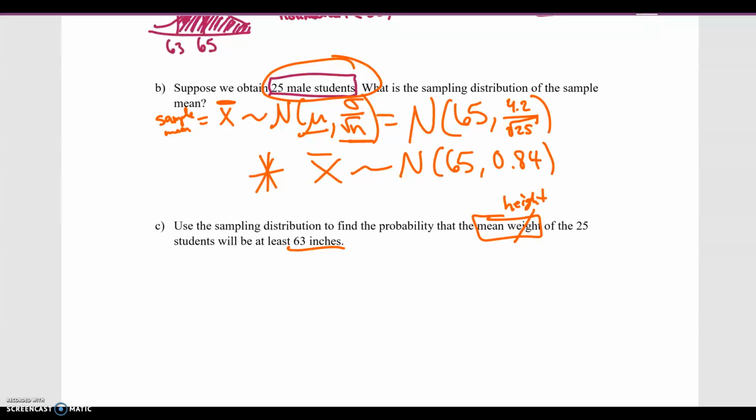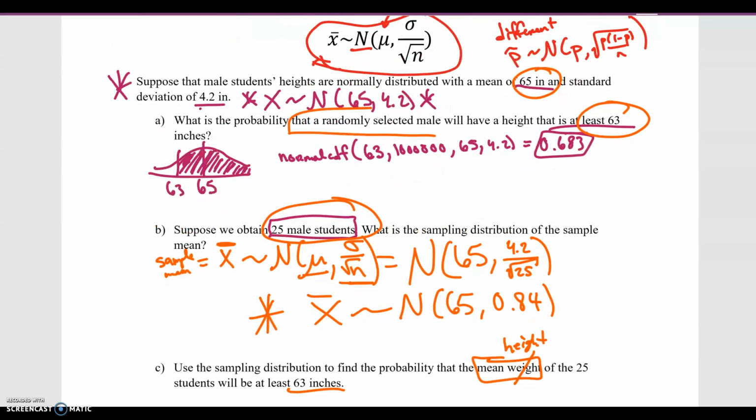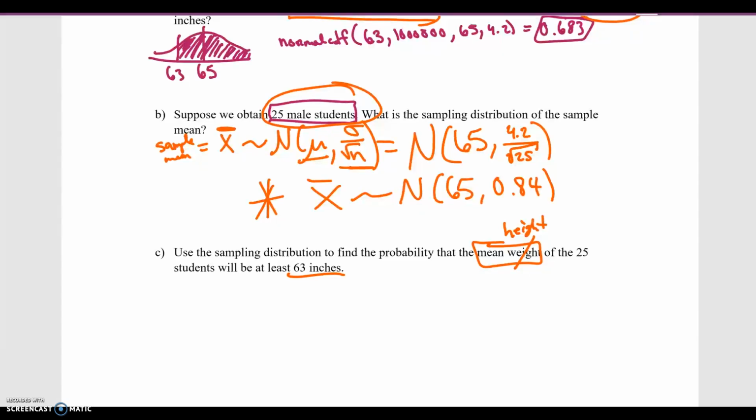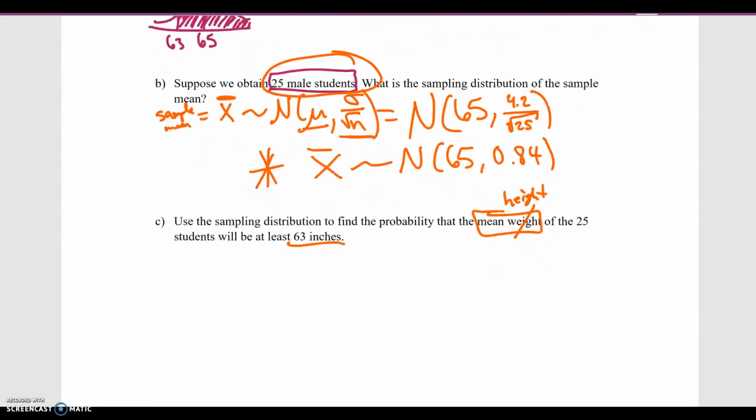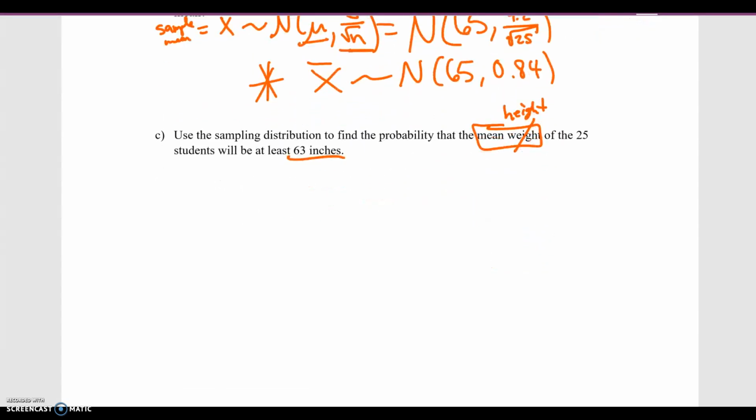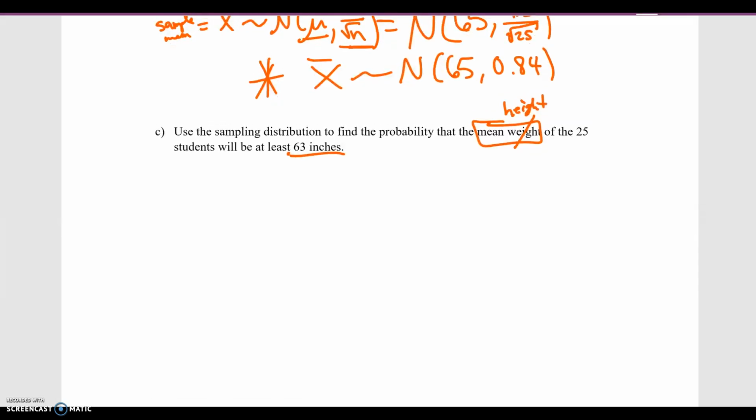One of them is just looking for any randomly selected male. This one we're looking for the 25 students. So what are we going to get? We now have our new sampling distribution. The mean is still the same, it's still 65. We're still looking at 63, and we still are looking at least.